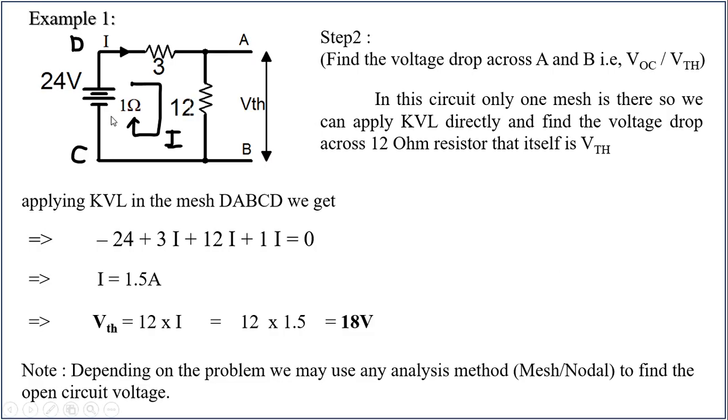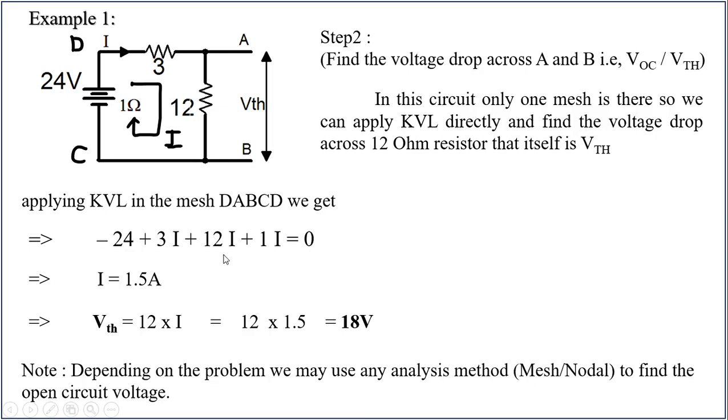So minus to plus: minus 24, 3 into I, 3I, plus 12 into I, 12I. This battery has 1 ohm as internal resistance, so that also we consider, plus 1 into I, is equal to 0.